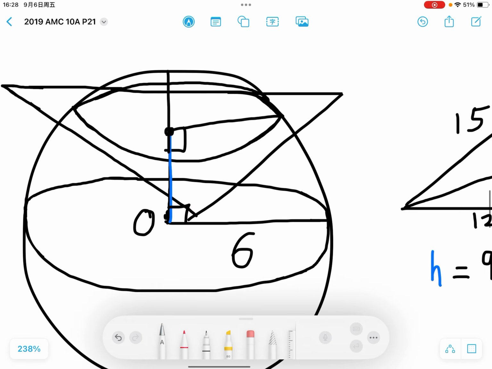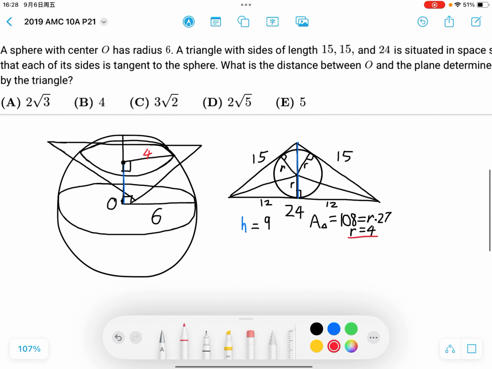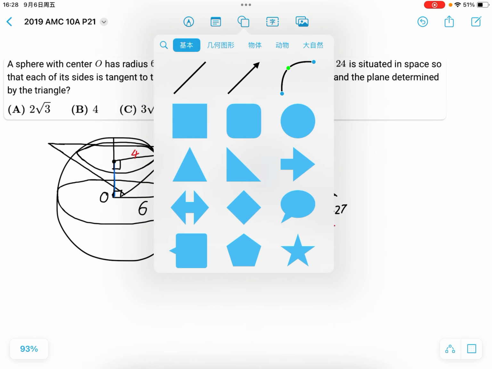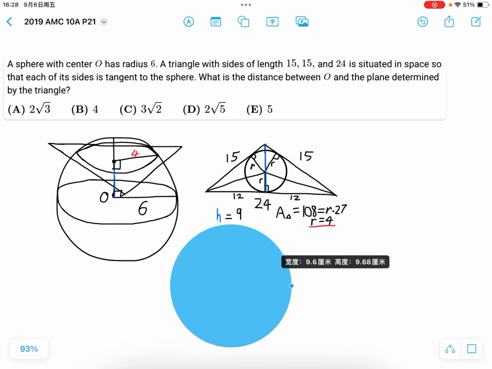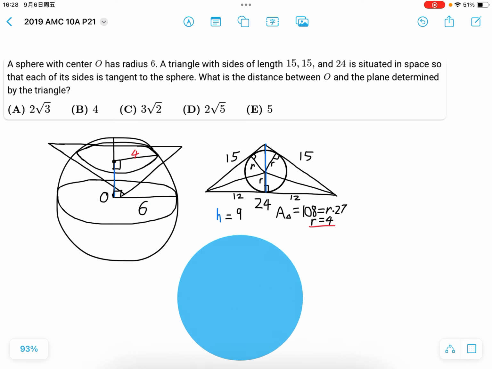If we go back to this diagram, we can label r equals 4. So we have two lengths now, 4 and 6. How do we look at this problem? We can look at it from the front view. From the front view, we need a circle.